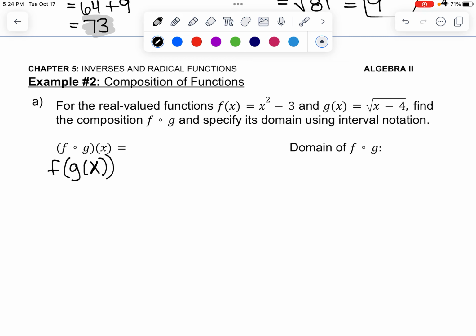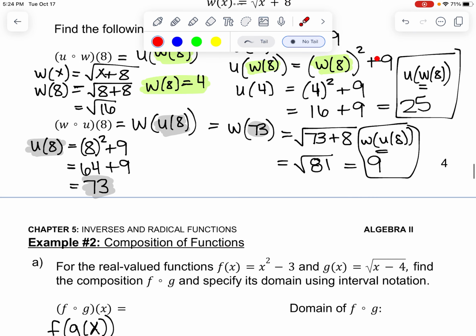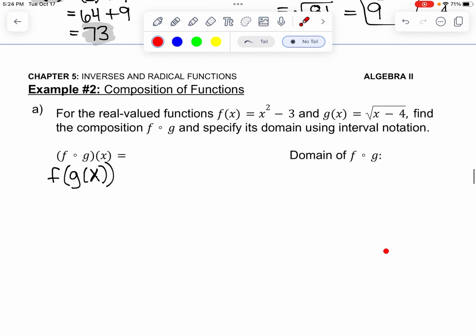So we're going to be taking g of x and substituting it into the f function. We haven't quite done one like this, because everything that we've done, we've actually been able to find a numerical value, and then we plug that numerical value into the function to get a final answer. Our final answer on this problem is going to still be in terms of x.